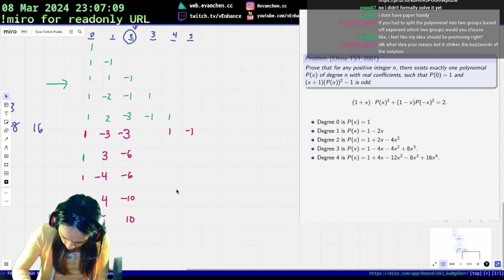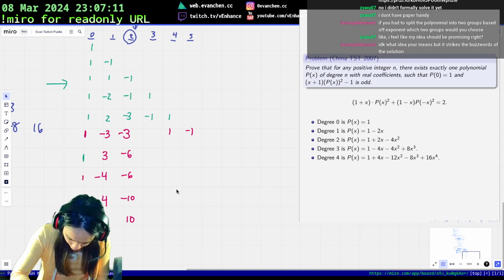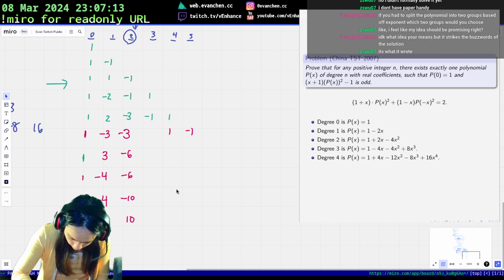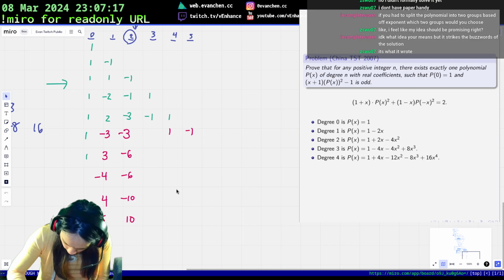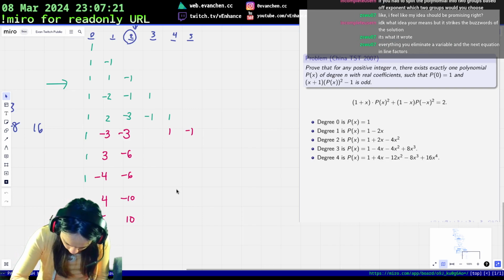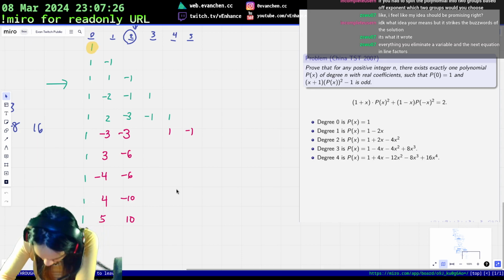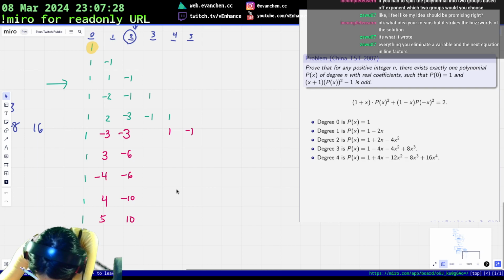These are all 1. I'll put the ones in green because I actually know those are ones. In which case, I feel like I have... Okay, let's see if I can get this.